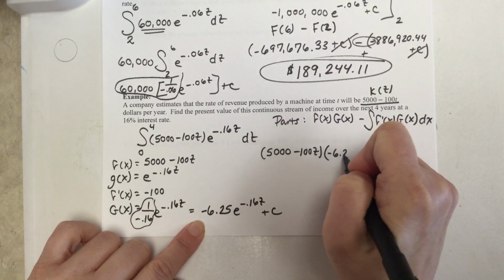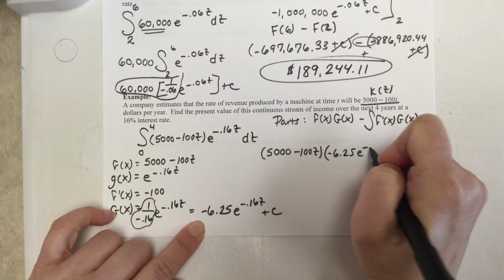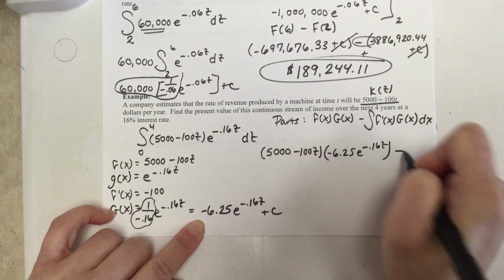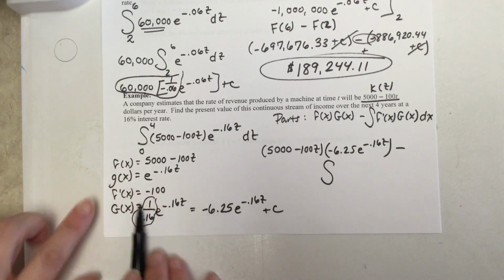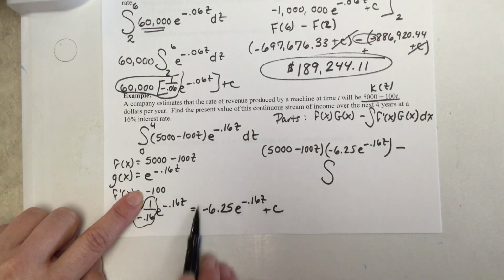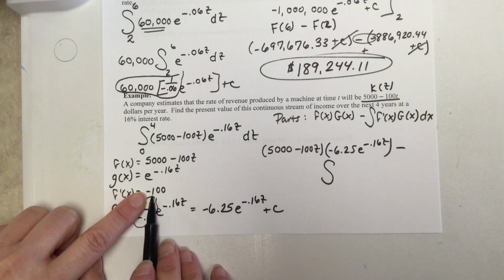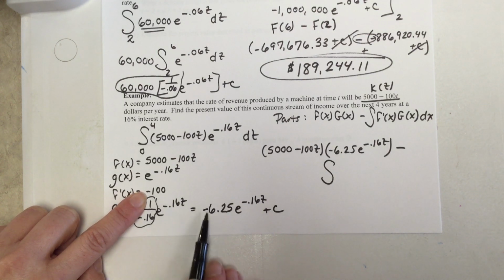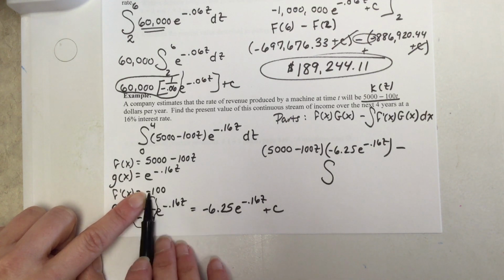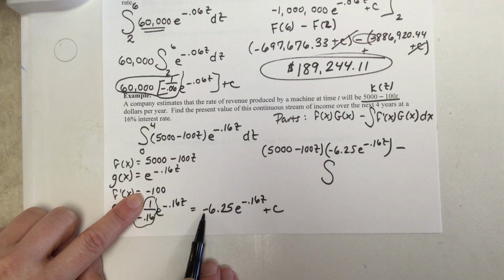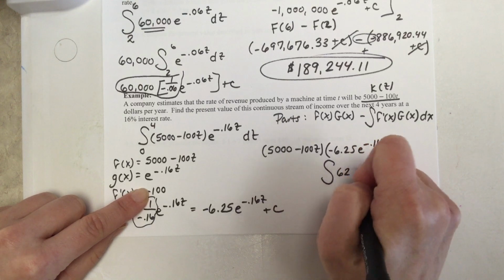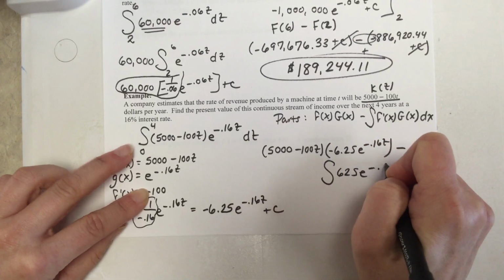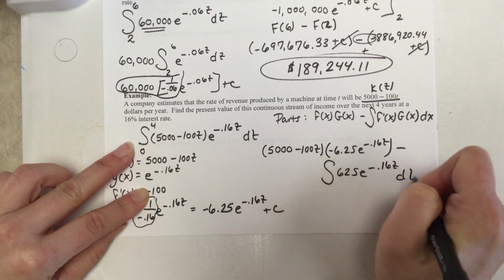This is negative 6.25 e to the negative 0.16t minus my antiderivative. I have to multiply negative 100 times my antiderivative. If I take negative 100 times a negative 6.25, negative times a negative is going to be positive. 100 times 6.25 is 625 e to the negative 0.16t dt.